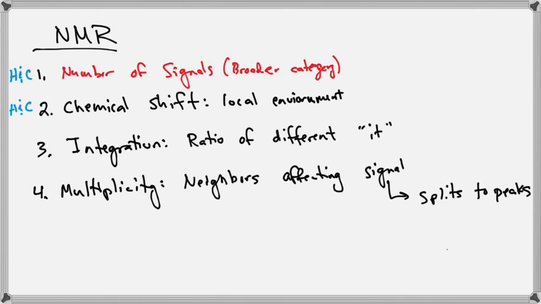Integration now becomes questionable. It's the ratio of the individual types of hydrogen or carbon in our spectrum. Why would that be problematic to run for carbon? What about carbon-13? It's going to show up less for our integration.